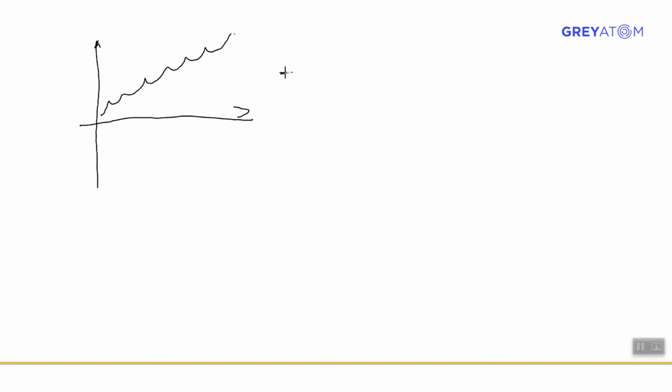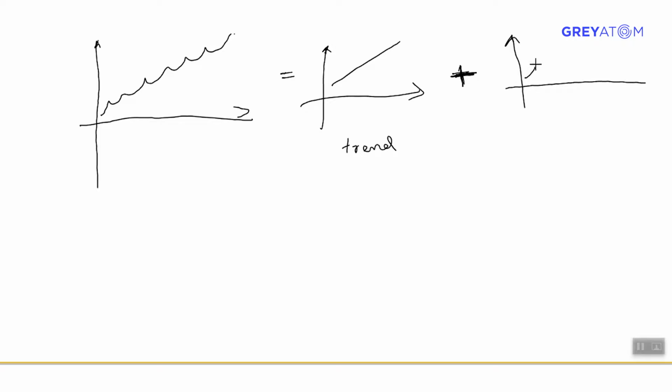So this was equal to a trend, plus a seasonal pattern that got repeated across the years. When you combine the trend plus seasonality, you basically got this time series data, right?